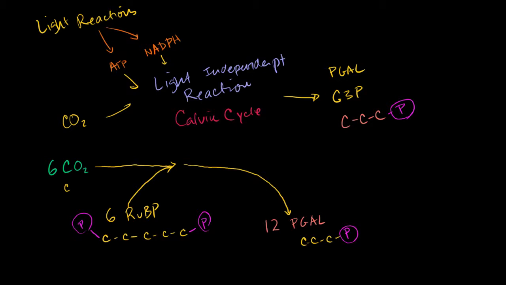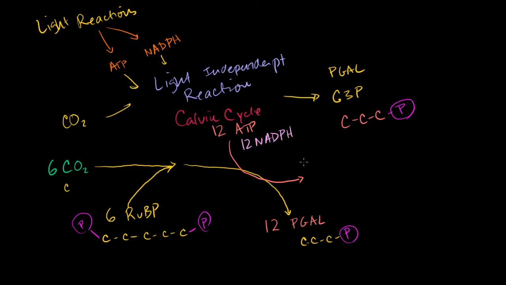The energy for this reaction is going to come from 12 ATPs, so you could imagine 2 ATPs for every ribulose bisphosphate, and 12 NADPHs, I should say. It's very similar to NADH, but I don't want to confuse you with what goes on in respiration.